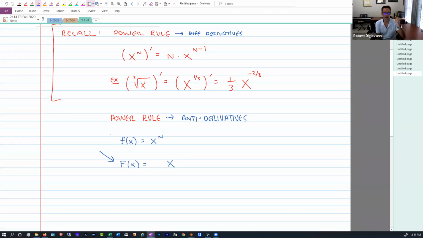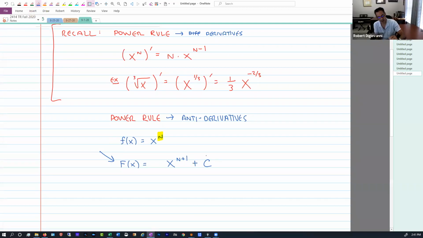It's going to have to come down. So the power in the antiderivative should be increased by 1. So instead of n, it's going to be n plus 1. We're just going to add 1 to whatever this power is. Is that enough? Plus C. Plus c, okay, we have to do plus c.